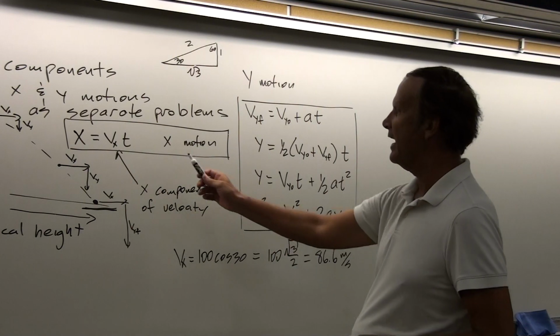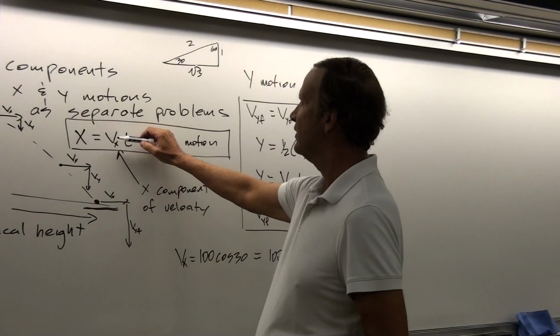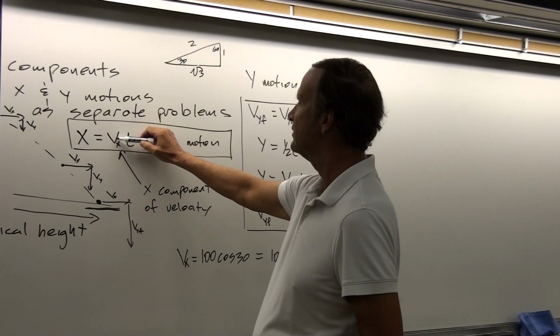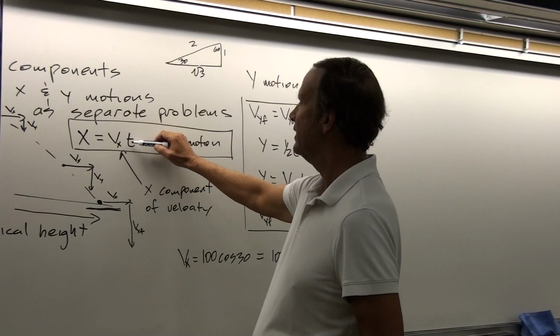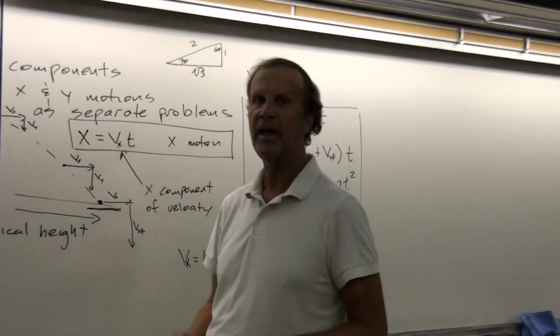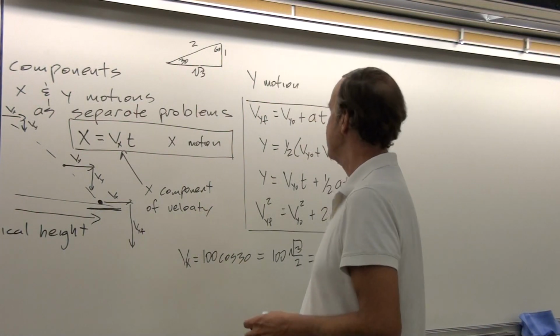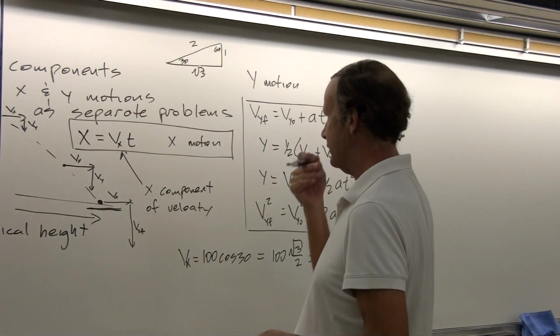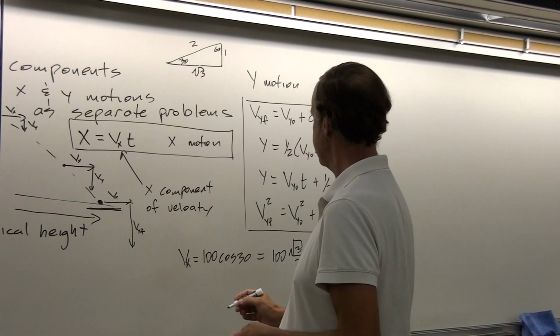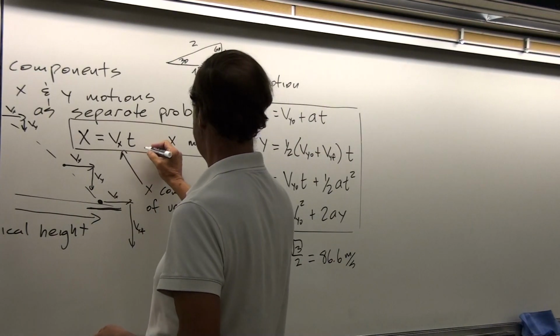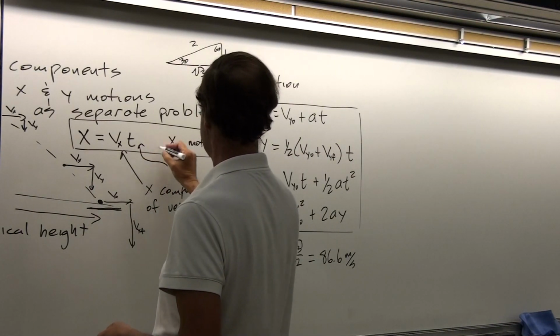So if we look at the x equation, then we have Vx is known, already given in the problem, but the time of flight is not known. We don't know the time of flight. So where can we get that? Well, typically in these problems, we want to get the time of flight from the y equations.